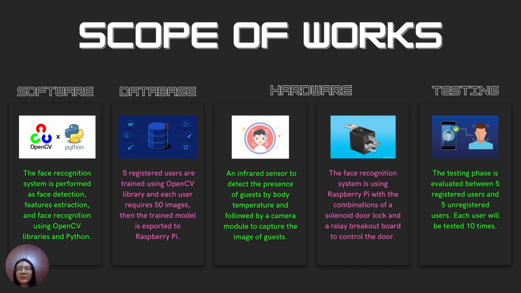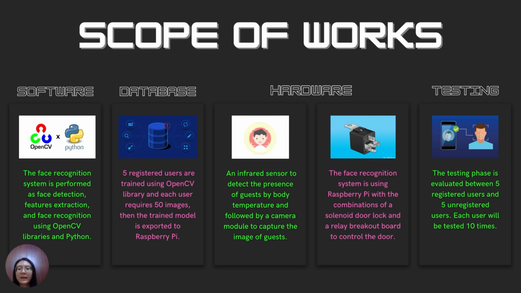For software, the face recognition system is performed as face detection, feature extraction, and face recognition using OpenCV libraries and Python. For the database, 5 registered users are trained using the OpenCV library, and each user requires 50 images. Then the trained model is exported to the Raspberry Pi.